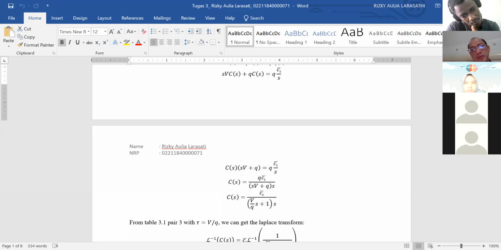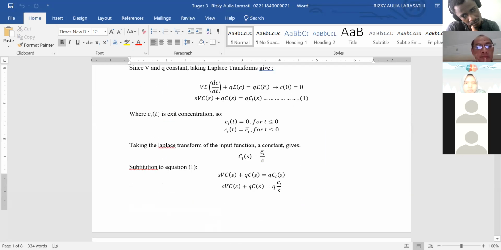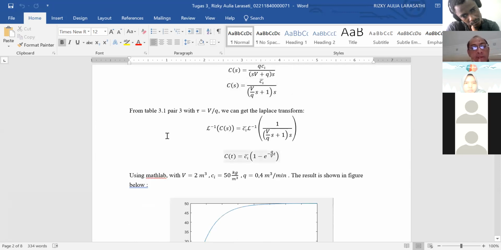So from table 3.1 pair 3, with tau equal V per Q, we can get the Laplace transform like this equation. So the last equation that we can get is C(t) equals C_e times (1 minus exp(minus Q per V times t)).